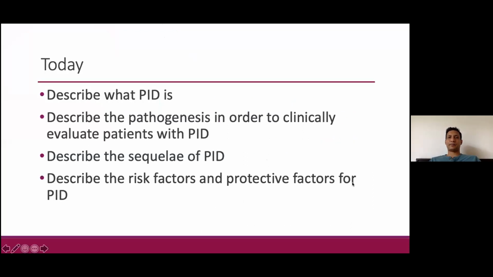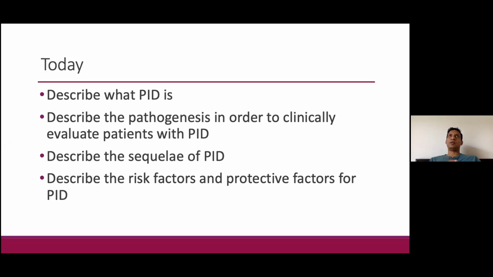So today at the end of the lecture, you should be able to describe what PID is and describe the pathogenesis. So you have to understand the pathophysiology inside the body, what's happening pathologically as well as physiologically, what the changes are, so that you can correlate with the clinical features and then evaluate a patient with PID.